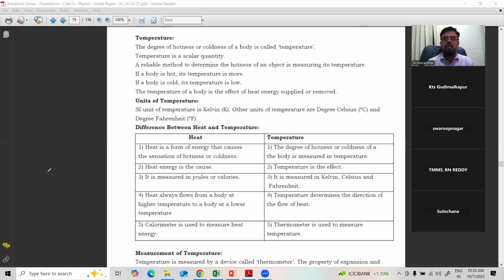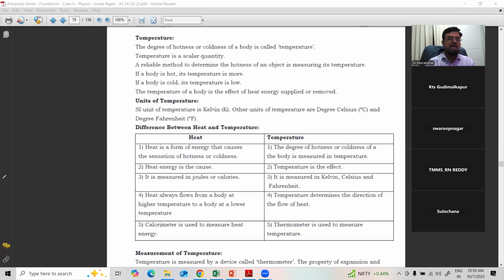For example, to measure our body temperature, we use a clinical thermometer. To measure chemicals in the laboratory, we use the laboratory thermometer. To measure the atmospheric temperature, we use the maximum and minimum thermometer. Different types of thermometers are there, which we'll discuss in the next class.